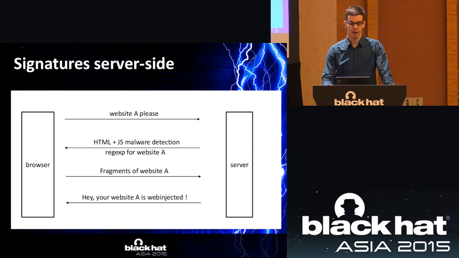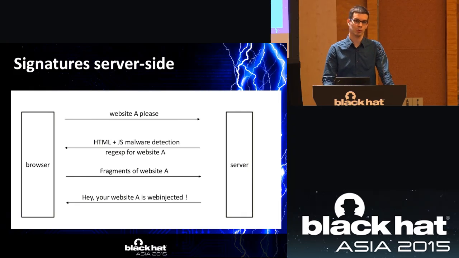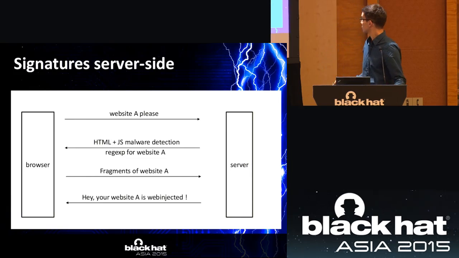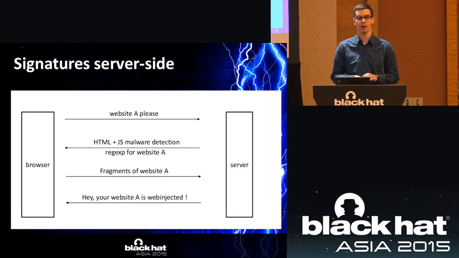So in this case, the signatures which are checked are still a mystery because the signature check is done on the server side, but we know, and potential attackers know, which parts of the site are analyzed for the signatures. And the server, after doing this analysis, knows if the current user session is compromised or not.